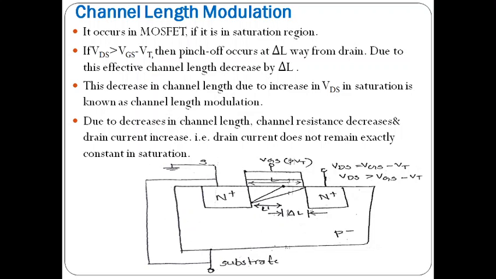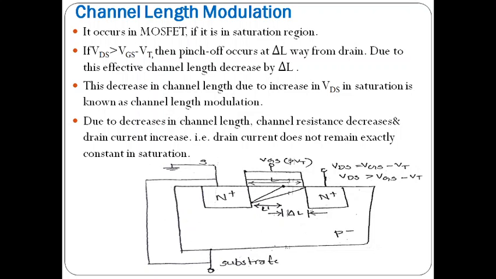Here the effective length of the channel is varying with respect to VDS. So the decrease in the channel length due to the increasing VDS in the saturation region is known as channel length modulation. Due to the decrease in channel length, what happens? Channel resistance decreases and drain current also increases. That means drain current does not remain exactly constant in the saturation region.